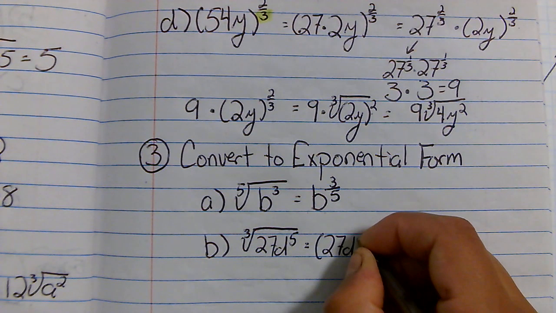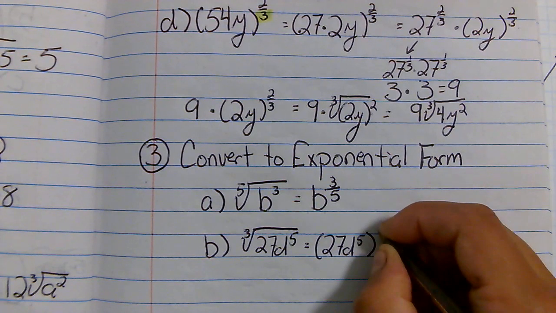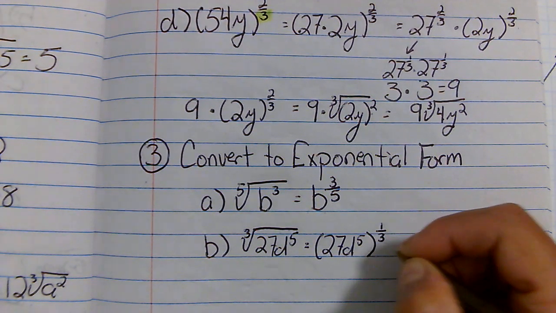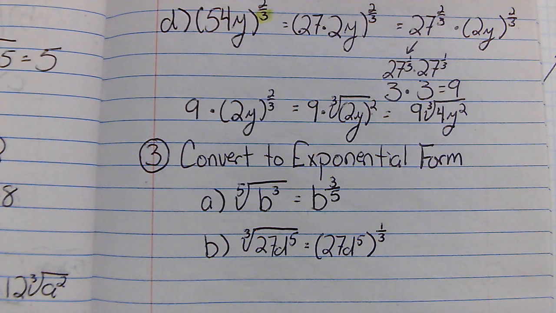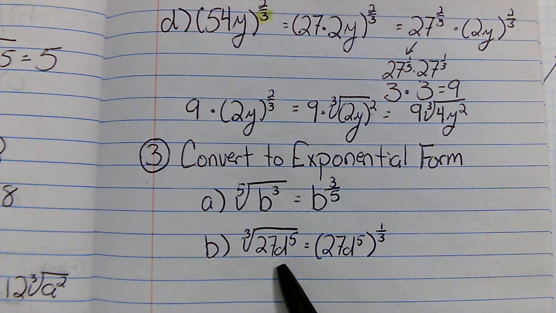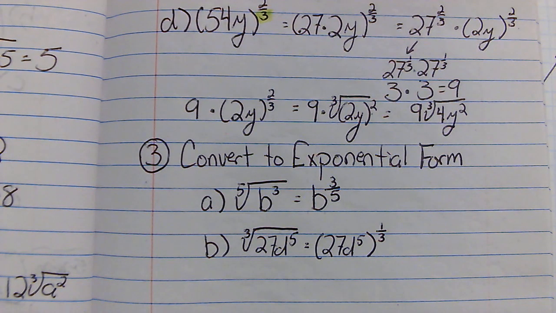27d to the fifth to the 1/3 power. Okay, when I get to the final form, I'll show you why I would go back to this. So if you don't have parentheses, remember, this only applies to what's underneath, so I have to write it to the 1/3 power.